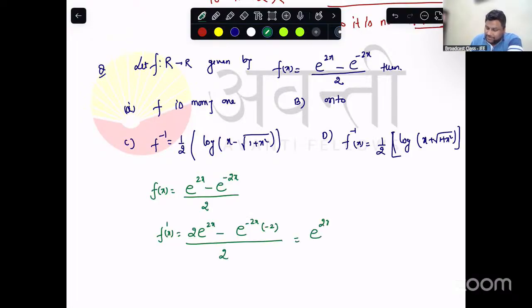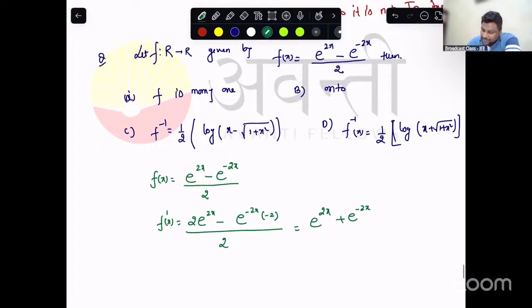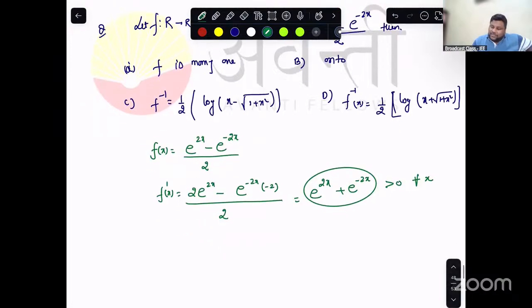So it will become e to the power 2x plus e to the power minus 2x. Now they both are positive, so this value is more than 0 for every x. That means the function is always increasing.